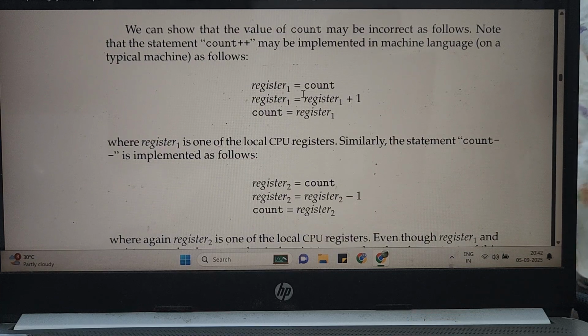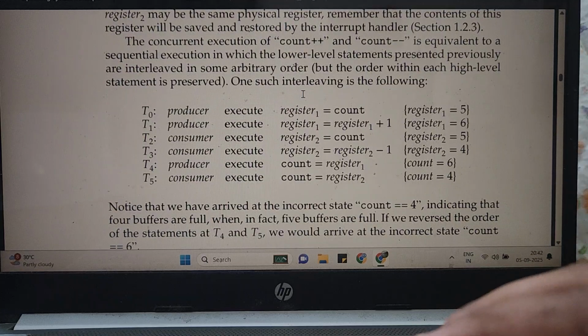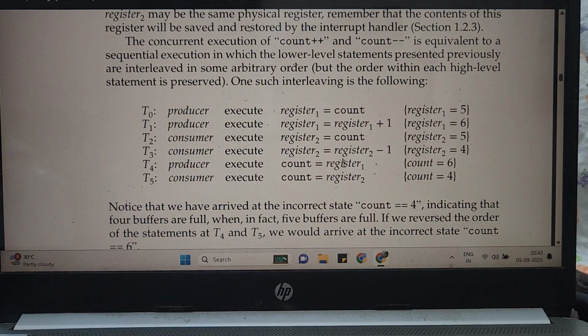So if your original count value was 5, and these processes were executed serially, either 1 followed by 2 or 2 followed by 1, your ultimate value must have been 5 in either case. But because they are both running in parallel and because there is some interference or overlap between the two, like half of the first process, half of the second, half of the first, half of the second, and so forth, you are ultimately ending up with a nonsensical value, count equals 4.